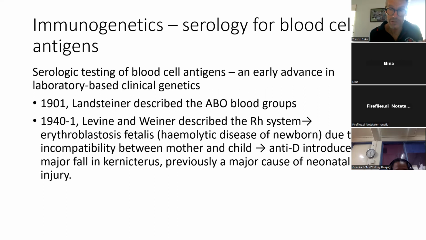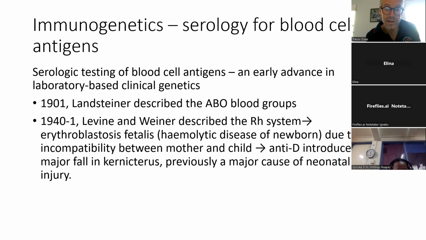So when we cross-match blood, we are using a test that derives from the earliest efforts in immunogenetics. It was around 1940 that the Rh system was described. And then soon afterwards, erythroblastosis fetalis, which we understand these days to be hemolytic disease of the newborn, was found to be due to Rh incompatibility between the mother and the child.